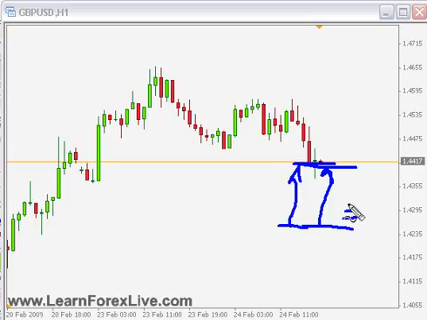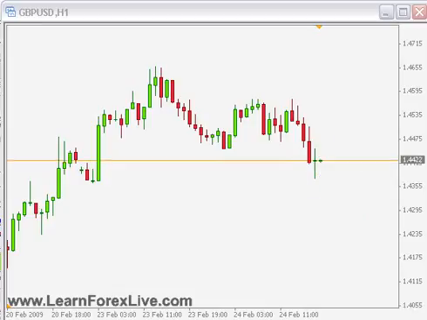It goes pip by pip as your profit grows over time. Two different strategies, basically the same goal: to offset parts of your risk as the trade develops, and therefore little by little minimizing the risk on that particular trade.